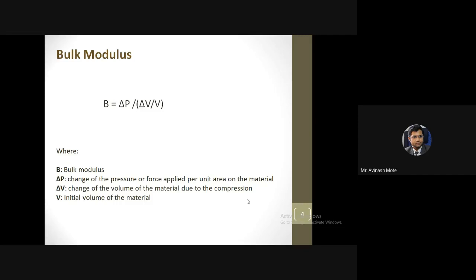At the start there will be raw material in a free flowing, heated condition, and then we apply force or pressure on it, and ultimately it will be compressed to the size or specification of the final product.